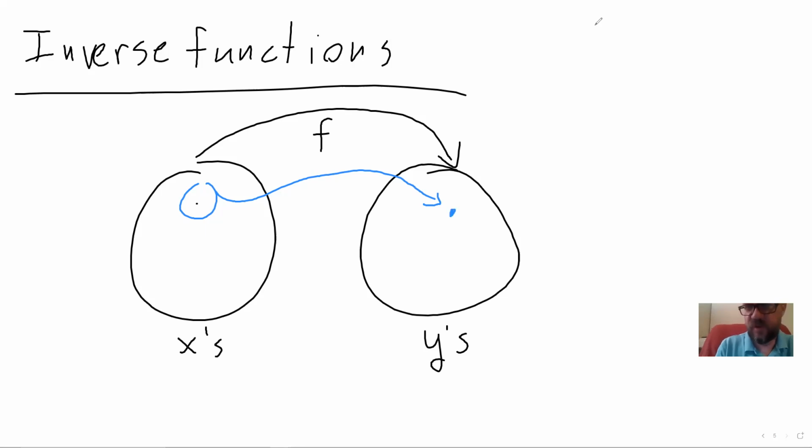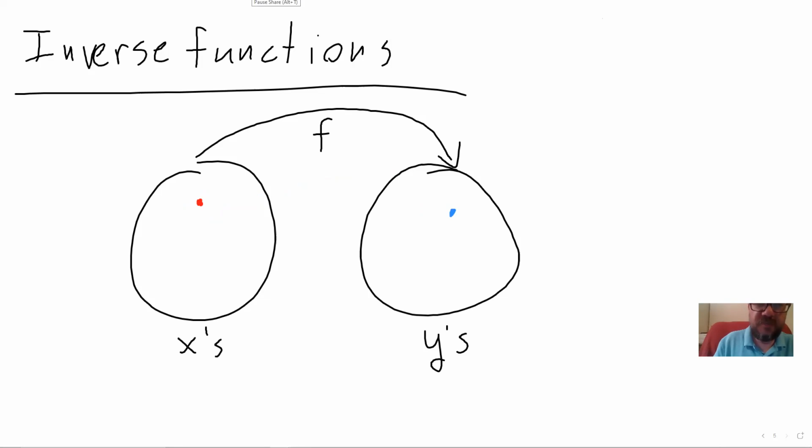It started out as a black point. I don't know if that was obvious. Let me make it red, actually, so it's clearer. There we go. So I've got this red point, this red x, and I do the function f to it, and it ends up as this blue y.